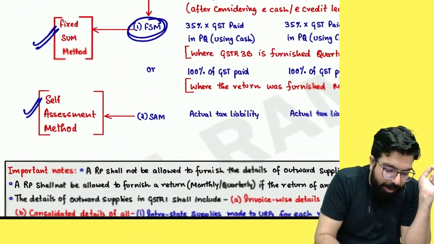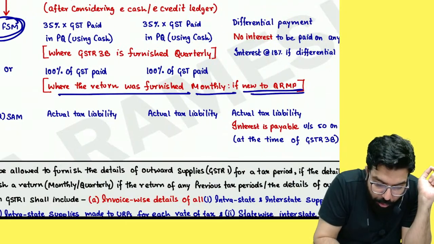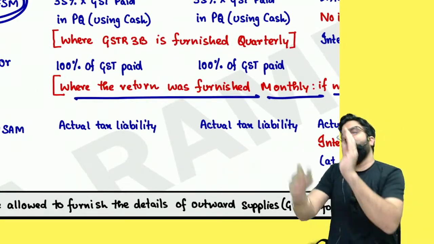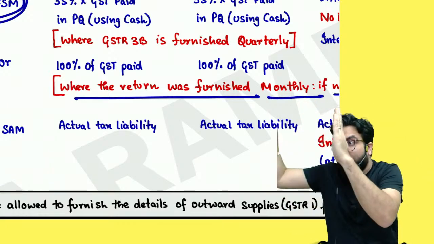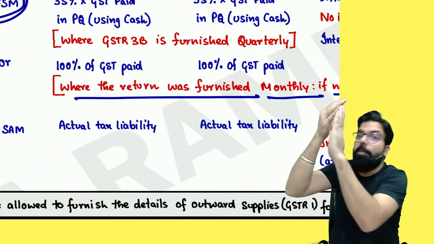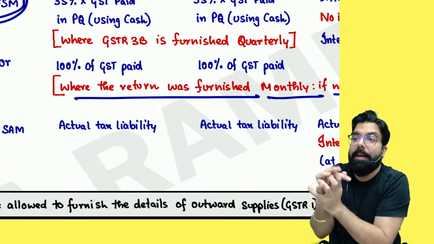So they are telling over here, if return was furnished monthly and you are new to QRMP scheme, April, May and June, right? Last month, March month ka, how much payment did I do? Because March month ka when I would have filed GSTR 3B, I would have made the payment. How much payment I did? I told 50,000.